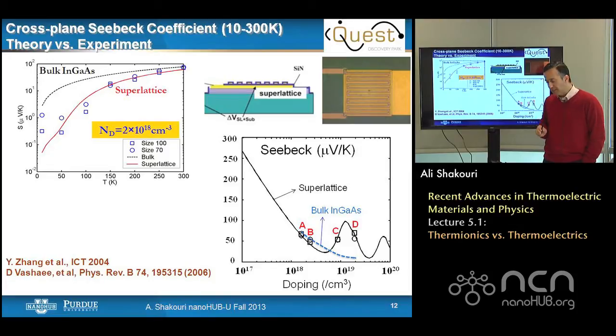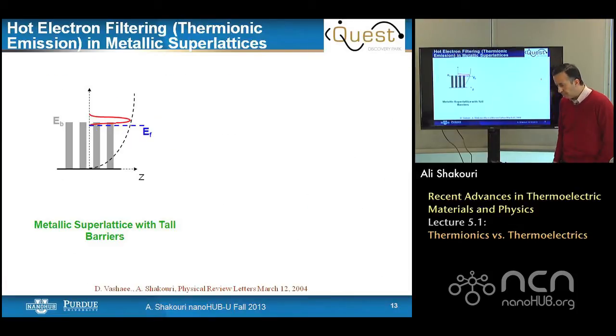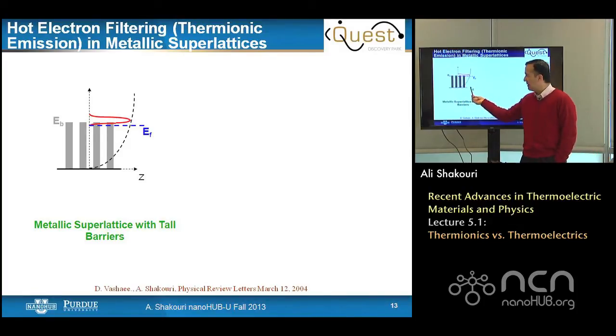One thing I want to mention is this role of the lateral momentum. If we just take a simplistic picture in space, if this is a dimension, I put multilayers of a metal and some sort of a barrier, metal and a barrier. By eye, you would say, oh, the barriers are chosen so that electrons with energy above the barrier move and electrons with energy below the barrier don't move.